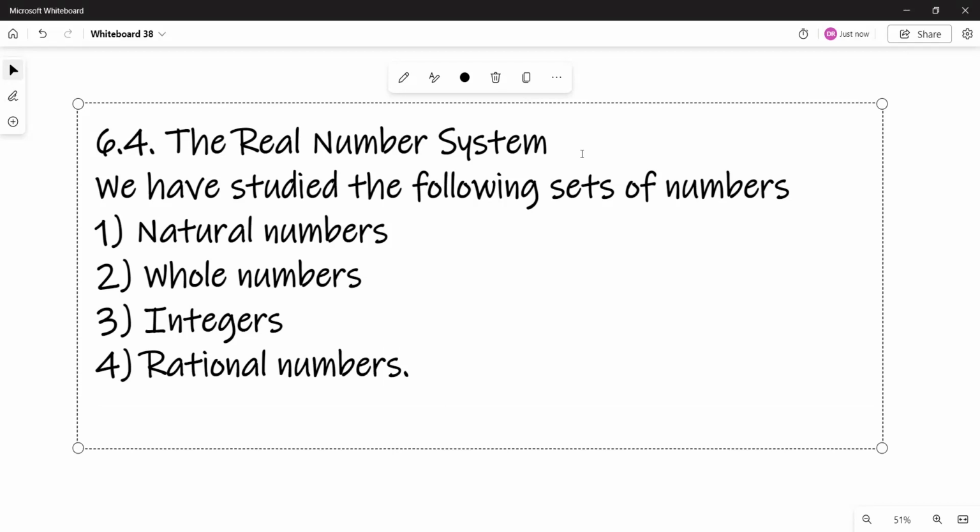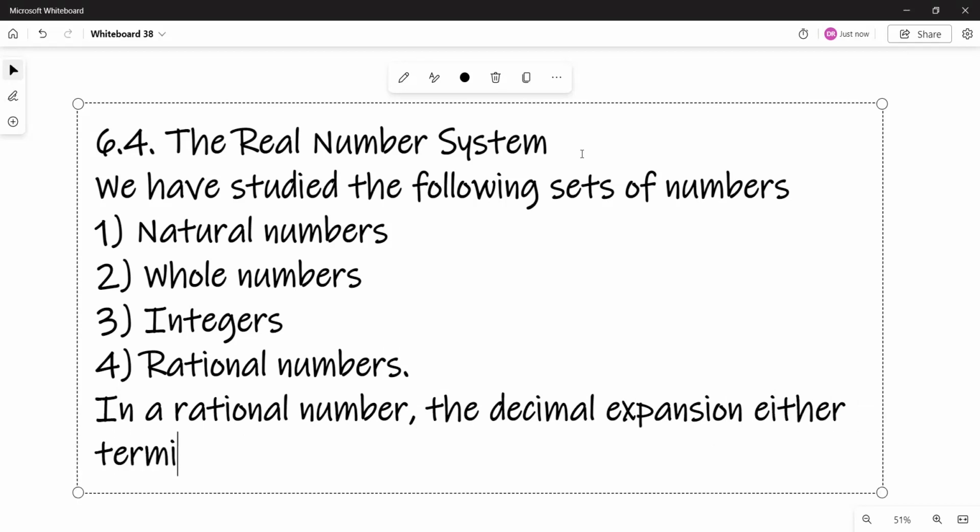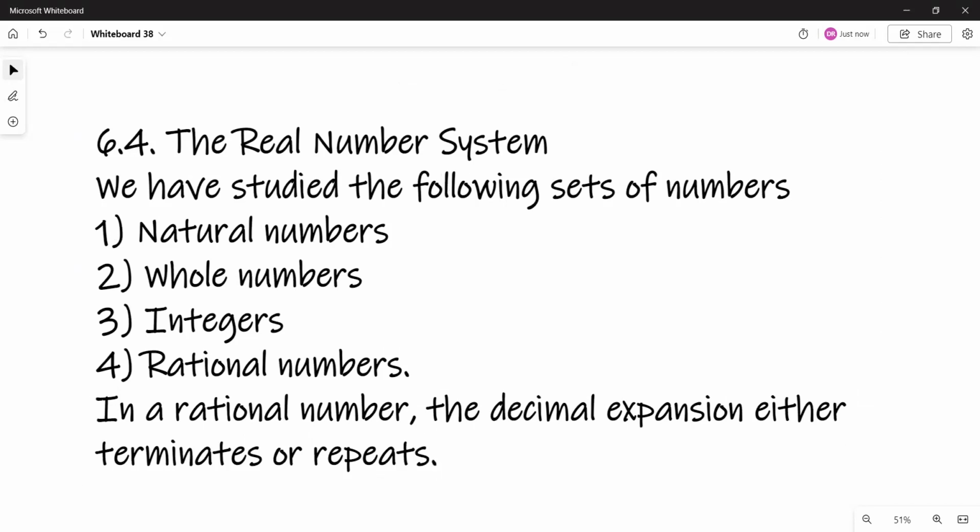And we also saw that in a rational number, the decimal expansion either terminates or repeats. There are numbers that don't have that property, and those are called irrational numbers.